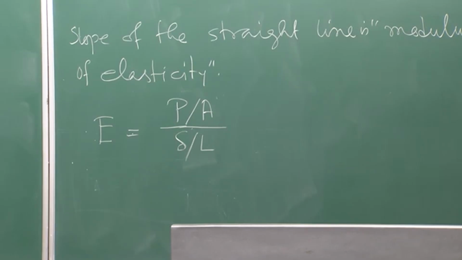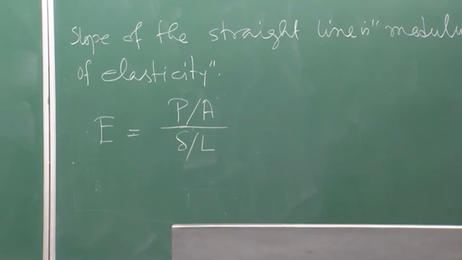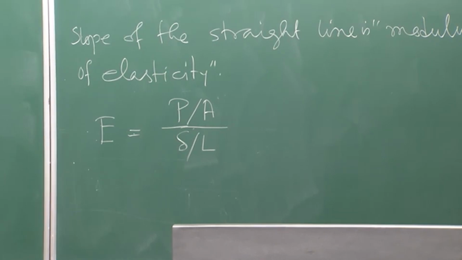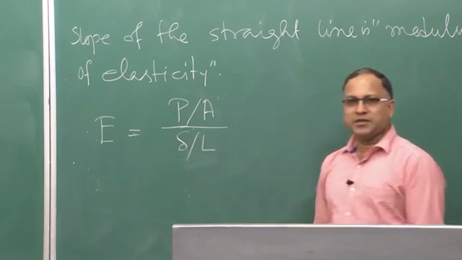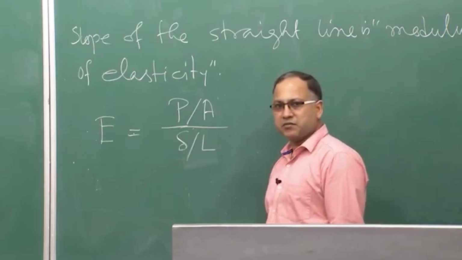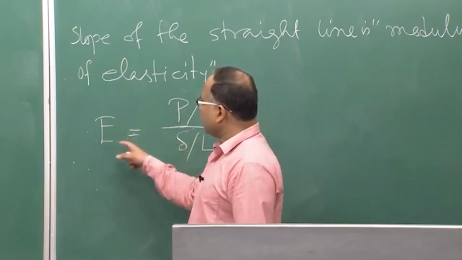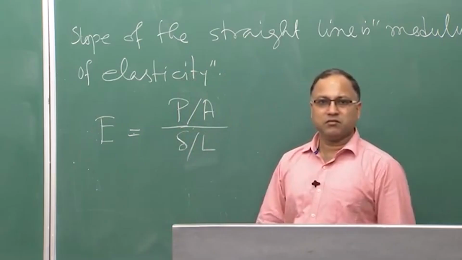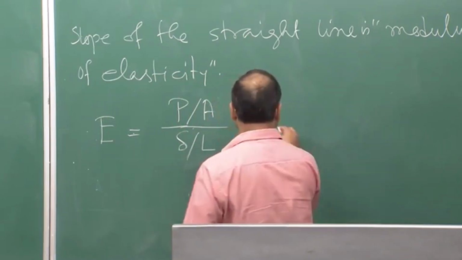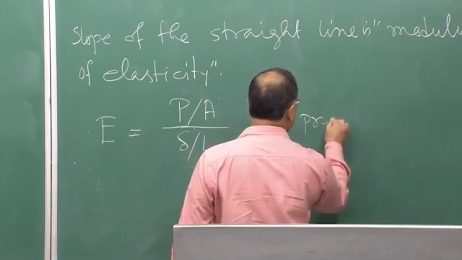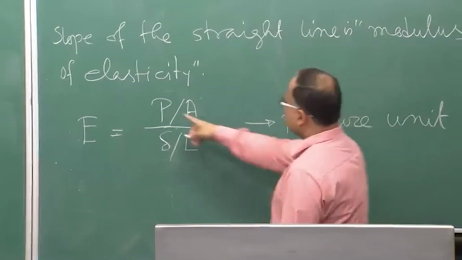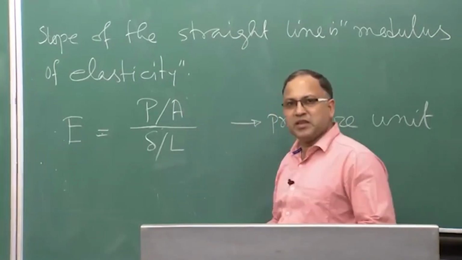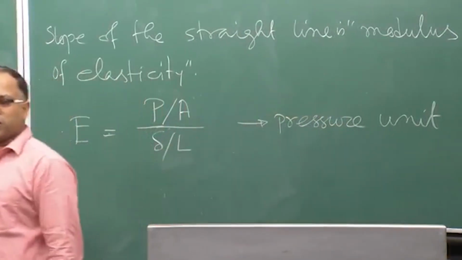The slope of the line is known as modulus of elasticity, and it can be defined by this expression. If you look at this expression, delta by L is a dimensionless parameter, so the unit of E will be a pressure unit, that means force per unit area.